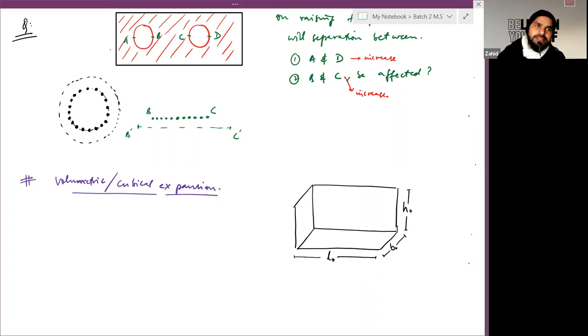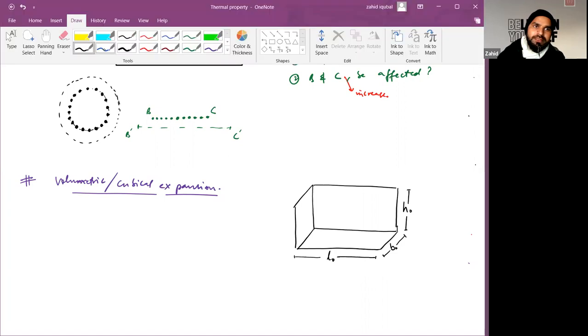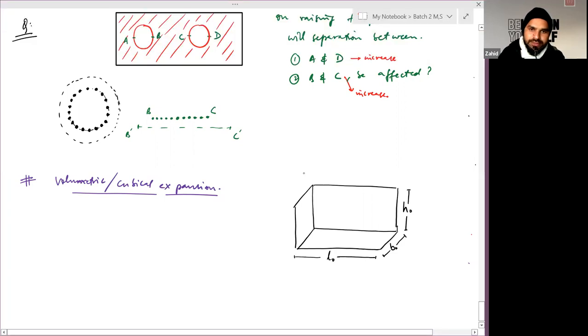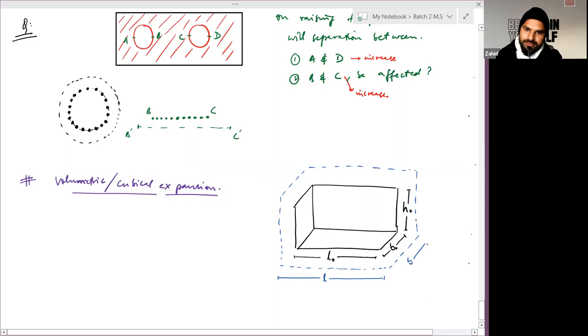If you increase the temperature of this particular object, there will be a change in dimension along all its sides. So length will expand, breadth will expand, and height as well. So in total, the volume of this object will expand. The new length of the object will become L, breadth B, and height H.